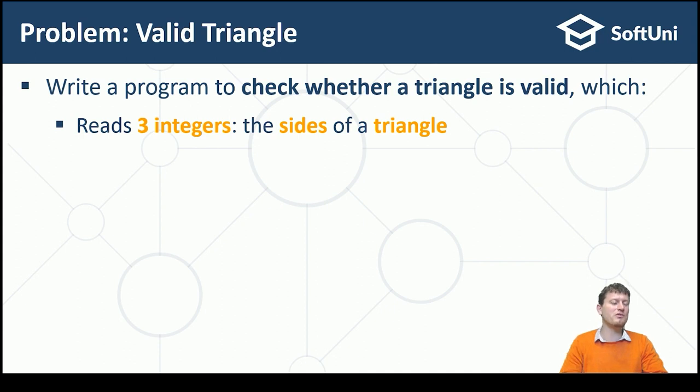The next problem is called valid triangle. It's about checking whether 3 sides can form a triangle. So let's start from here.